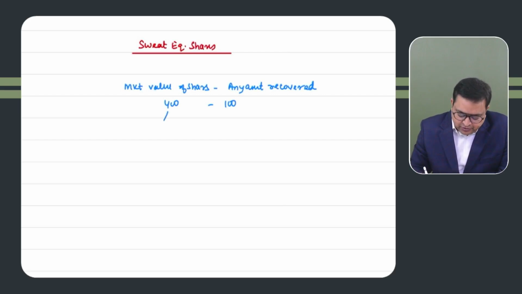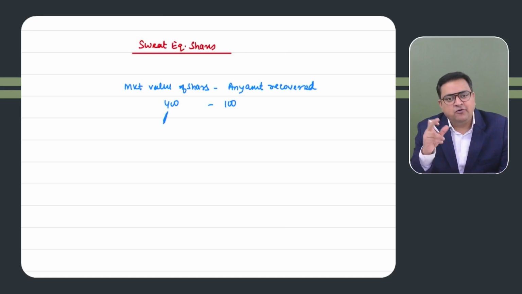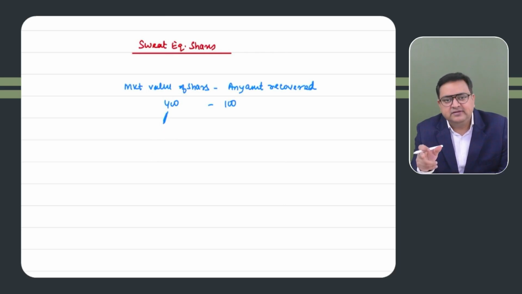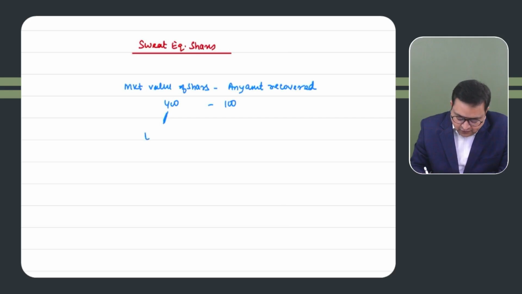Now, the most important thing is on which date this market value should be taken. When the offer is given to you, no. When the offer is exercised, yes. When the shares are allotted, no. Only when this offer is exercised by you, that is the date when you are actually claiming this benefit. So please take the market value of that date.